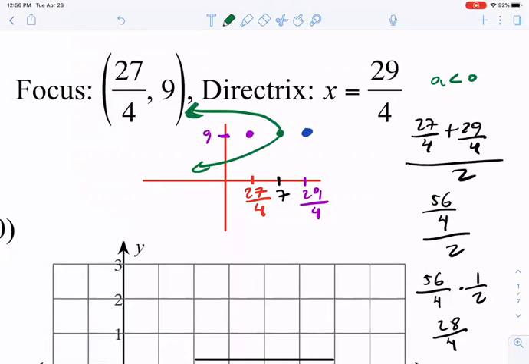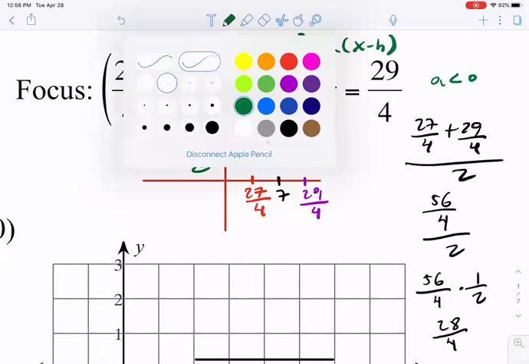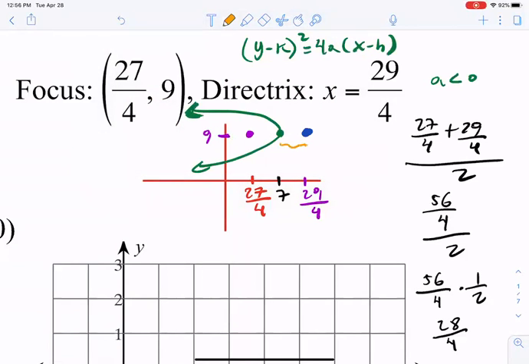Well, you can use your transformational form right away. This is the one that deals with the y, because we are going left or right. So this is y minus k squared equals 4a times x minus h. In this one, I can do that right away, because the only thing I need to find out is the value of a. But you already know what that is, because the value of a is this length. So what is that length?